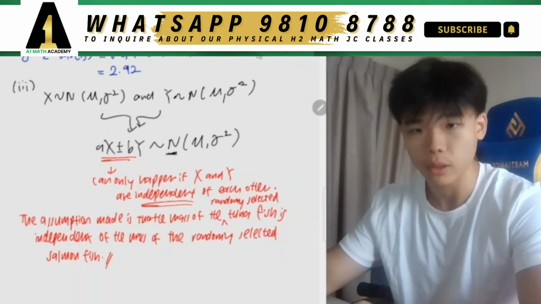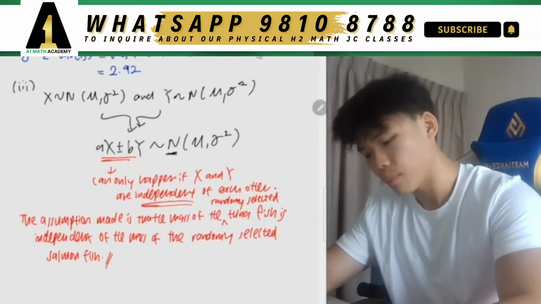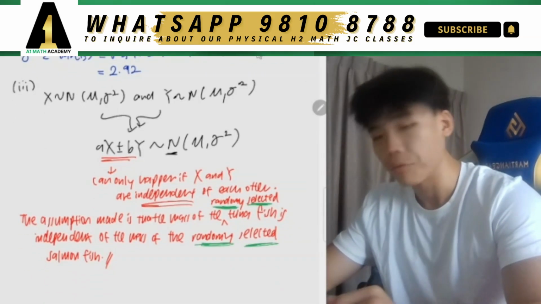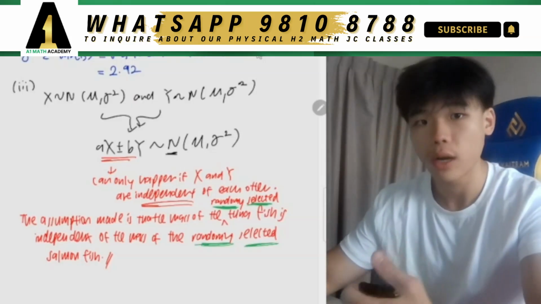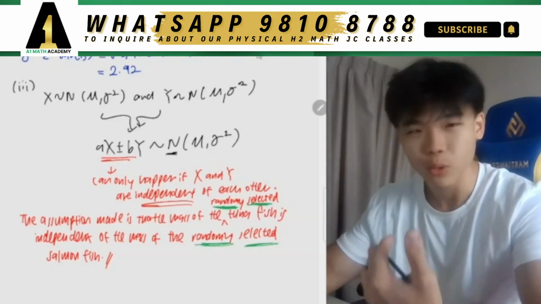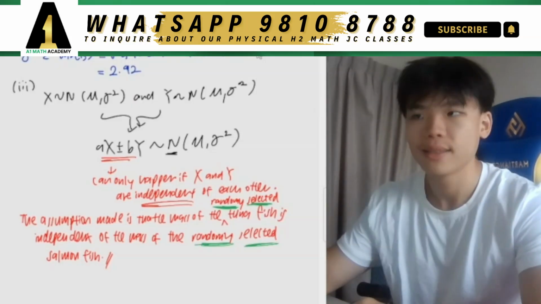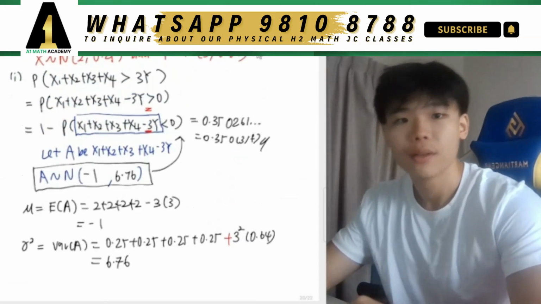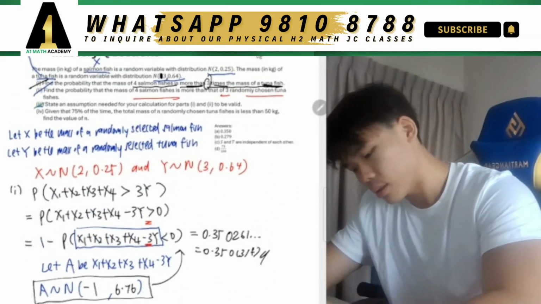Okay, we need to talk about it this way. So just a pro tip, include the word randomly selected, because everything over here is up to chance, right? It's all up to probability. So we include these kind of keywords to signal to the examiner that we know our stuff, right? And then that's about it. So that will be the third part.